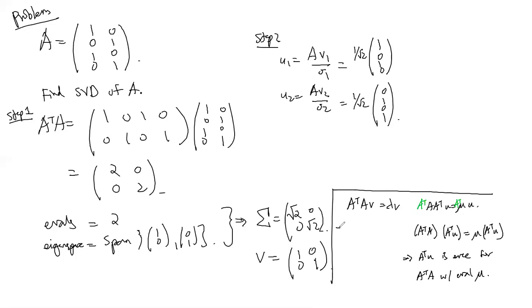And likewise, we get that A V is an eigenvector with eigenvalue lambda.